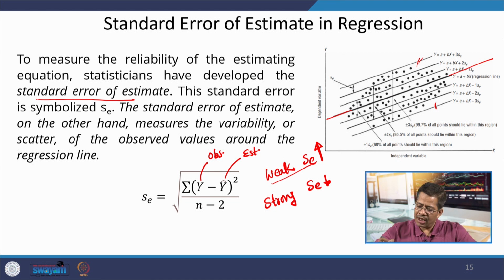So, you can see that as you are moving away from your regression line with one standard error, two standard errors, three standard errors, you are continuously increasing the scatter of your data, and if data is more scattered, it is a weak relationship, and therefore, it is also a question on our selection of independent parameters.